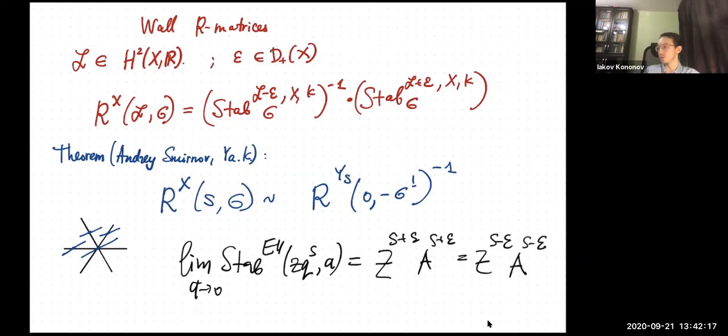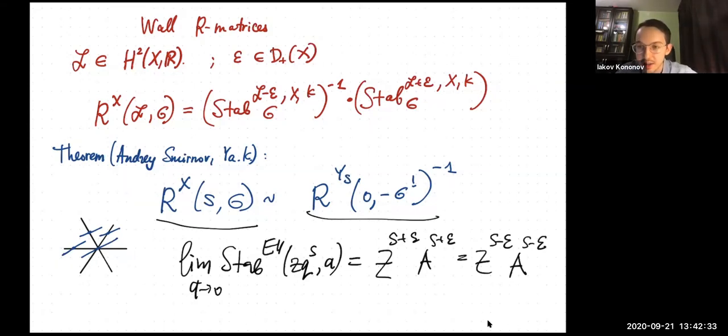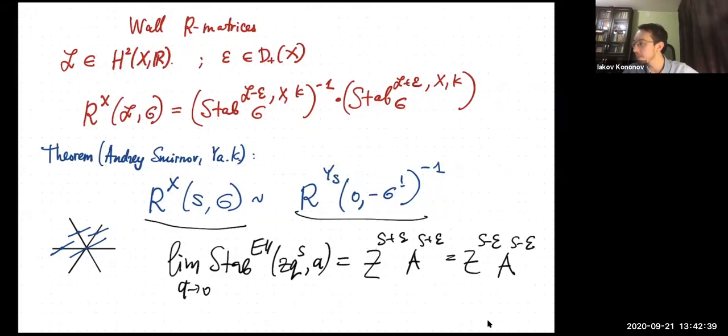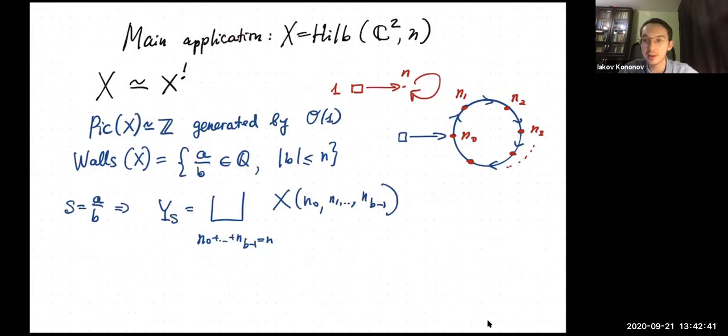That's why one of the R matrices, R_X of S and sigma, is the ratio of A, and R of 0 is the ratio of the matrices Z in this equation, and it follows that they are similar.